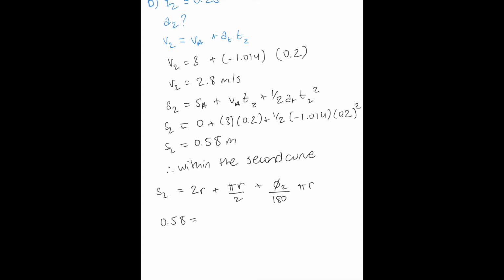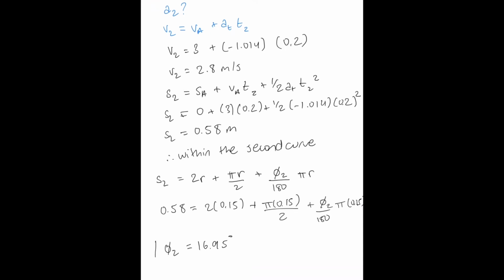Plugging in our known values, we're going to get phi 2 is equal to 16.95 degrees.